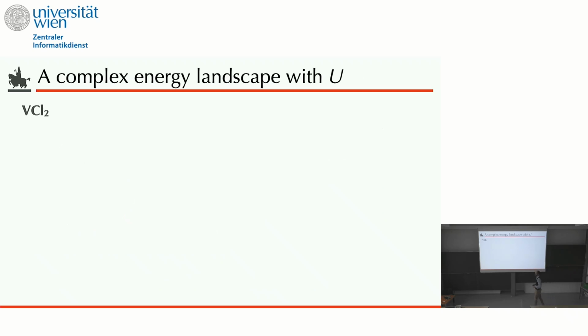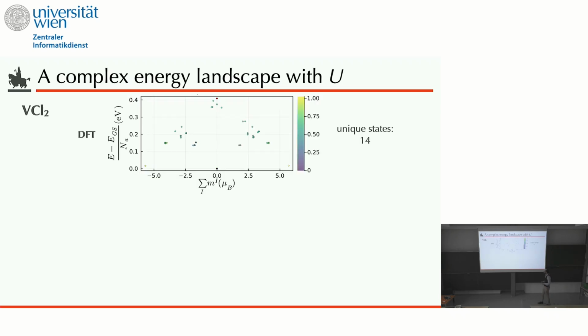Now, this explains why we need ROMEO when we're using the U, because when we use DFT plus U, your energy landscape becomes way more complicated. This is the calculation of several states obtained by this ROMEO approach, where you already find 14 unique states, or 14 local minima, which is already a lot at the DFT level.